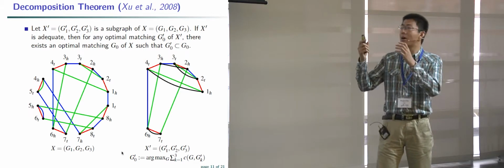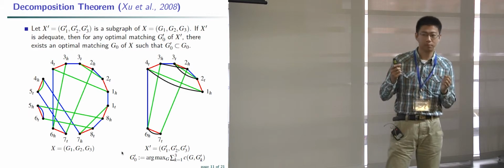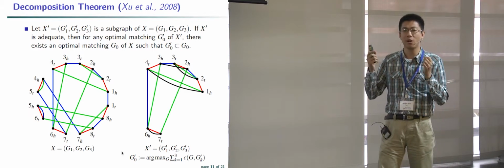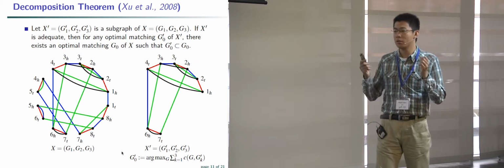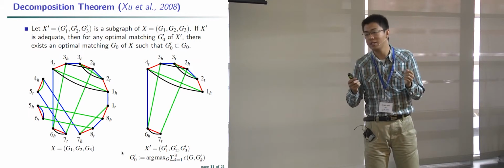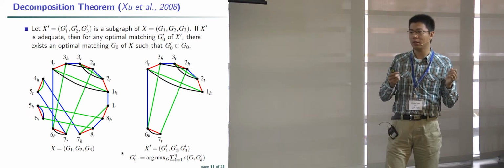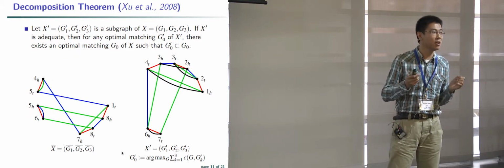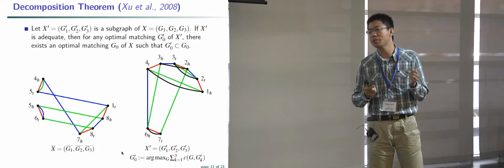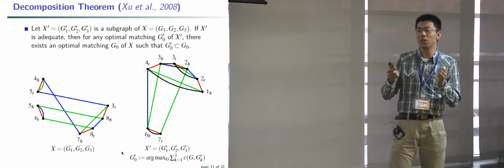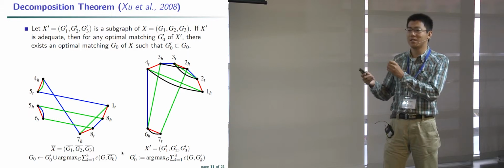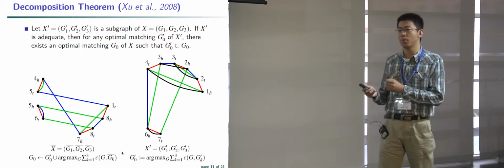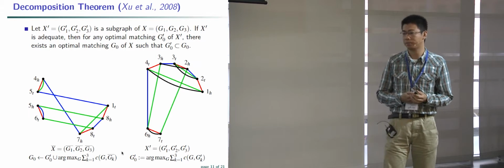Then the above theorem guarantees that G0 prime is also part of an optimal solution of X. So we can use G0 prime to simplify X to get a reduced problem, for example, X bar. Then we can continue working on X bar, and the optimal solution of X bar plus G0 prime is one optimal solution of X.